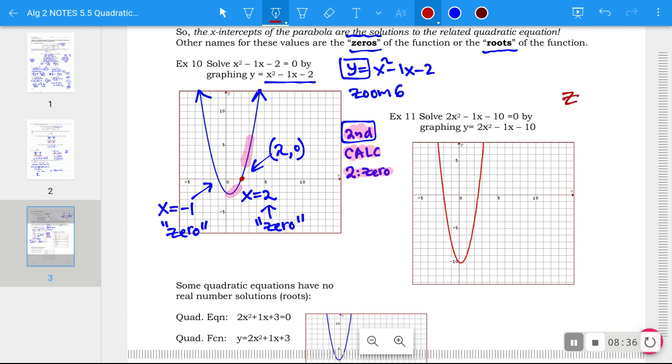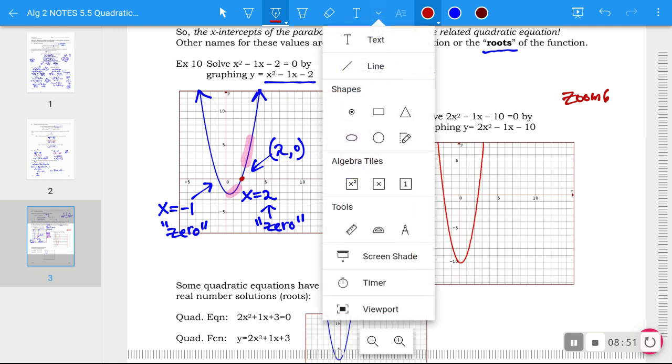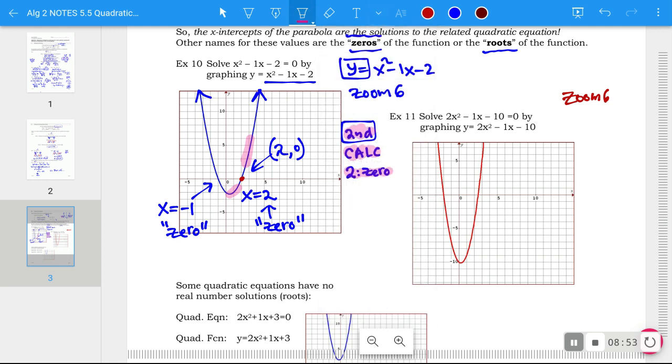Choose a standard window by saying zoom 6. And you should get a parabola that cuts through the graph at approximately 2.5 there and about -2 there. So you can kind of guess at the answers.